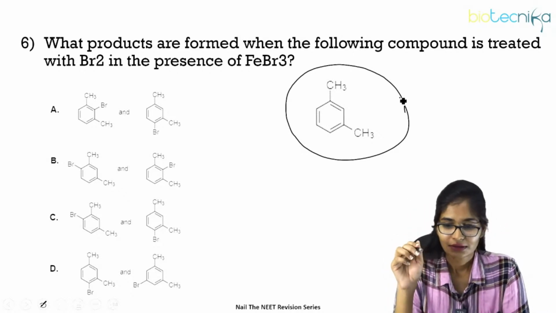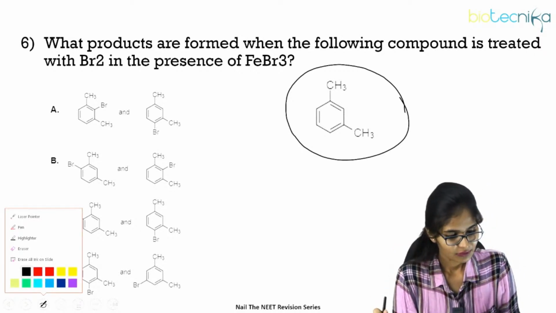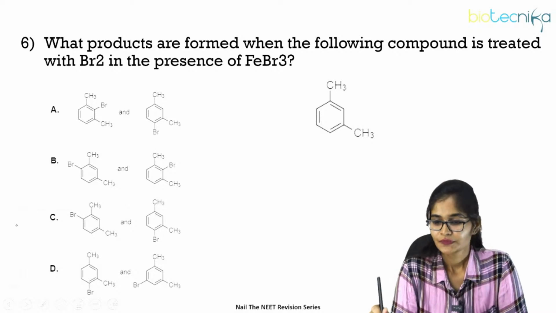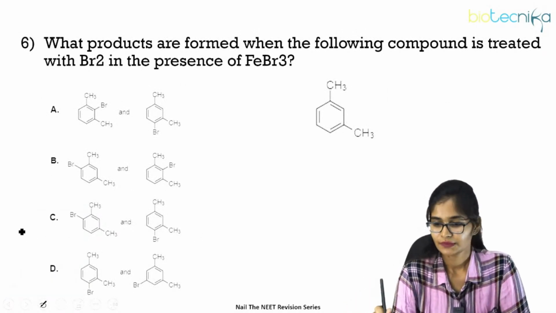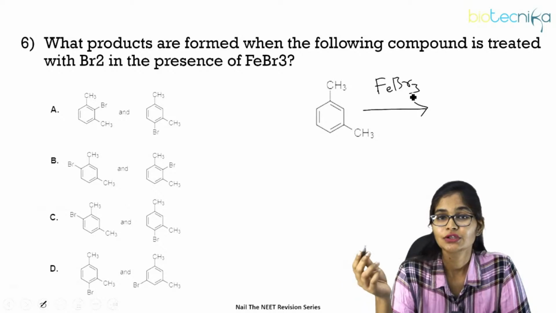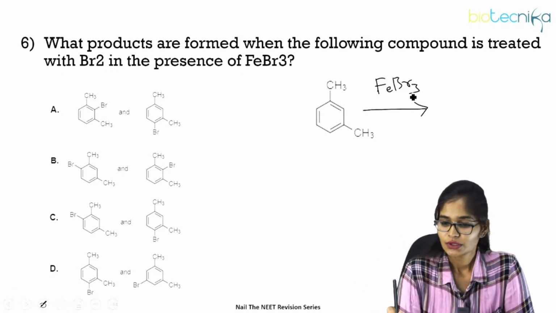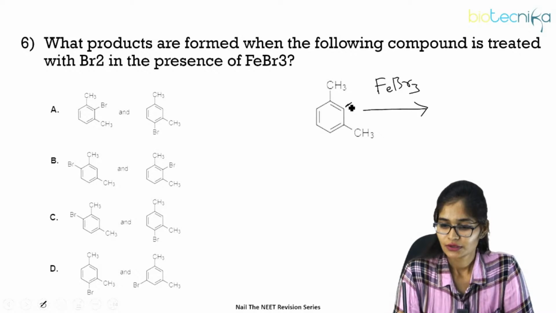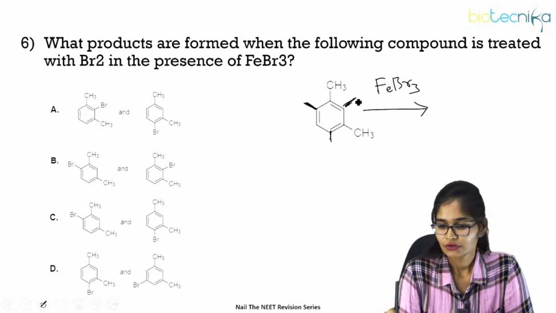In the given reactant, this is your reactant, and you are treating it with FeBr3, right? And you are attacking with bromine, right? So after attacking with bromine, you can attack either here, or here, or here, right? So you can attack either at the ortho positions or at the para position, right?